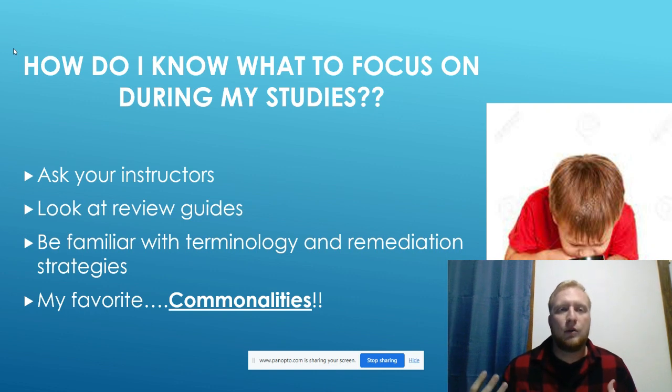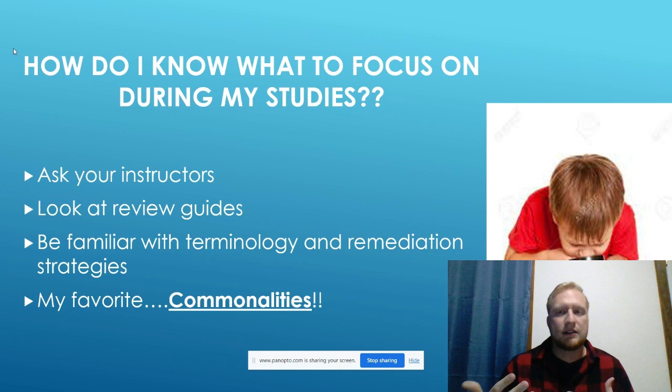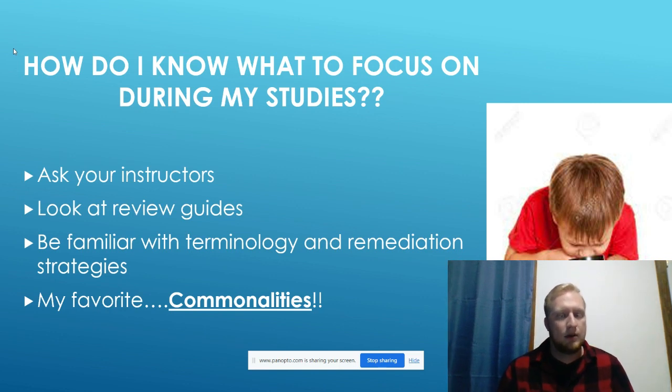Or if you don't know what a morpheme is, first of all, figure out what that means. And secondly, if a kid is struggling with morphemic analysis, you got to know how to fix it, and that's on this test. So make sure you not only know what things are, but how do you correct them, or at least where do you start to correct them.